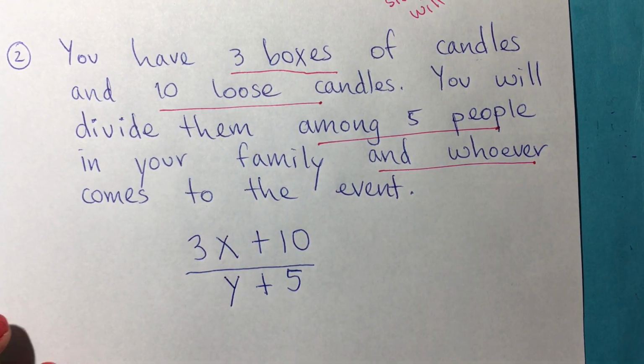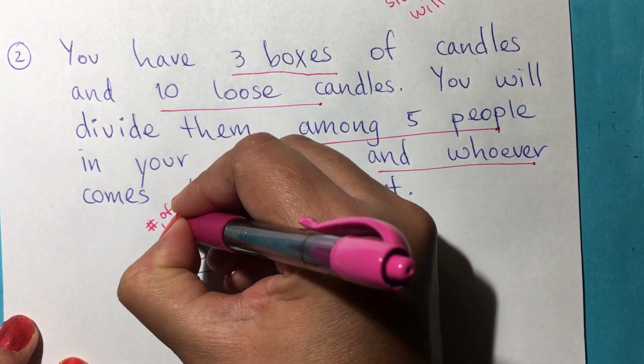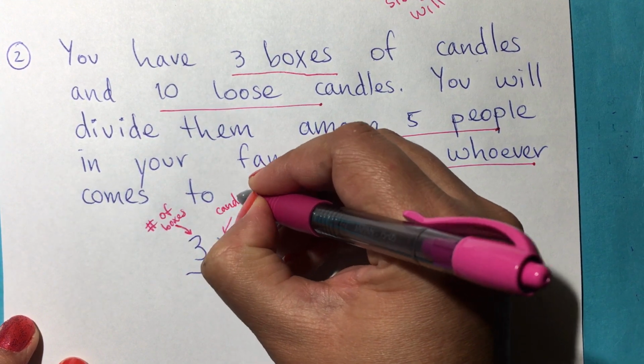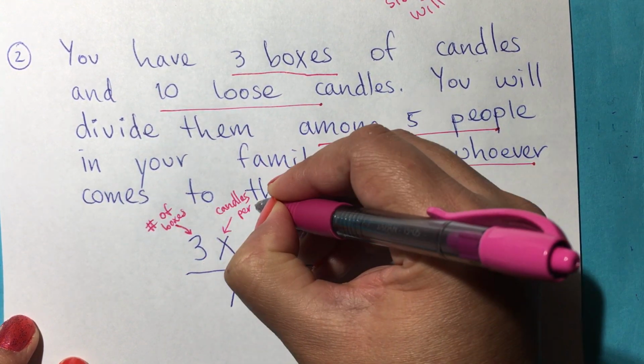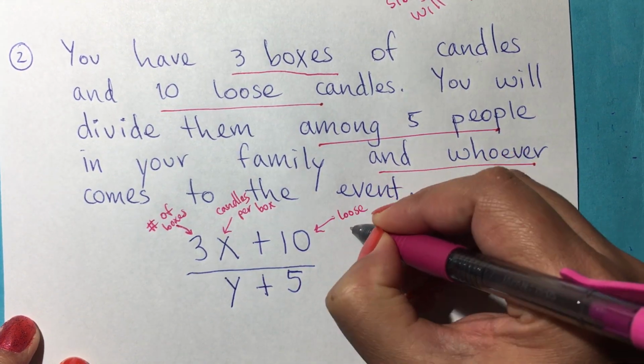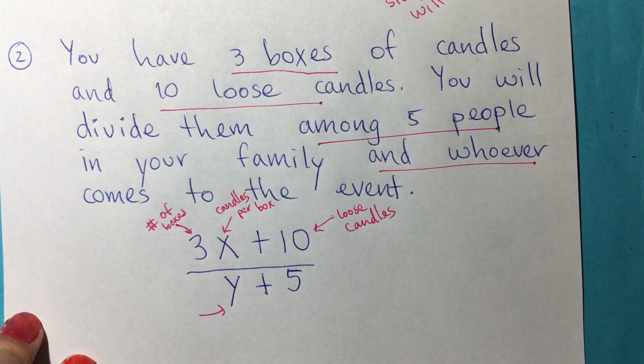So this is number of boxes. This is candles per box. This is the loose candles. These are the number of people coming to the event.